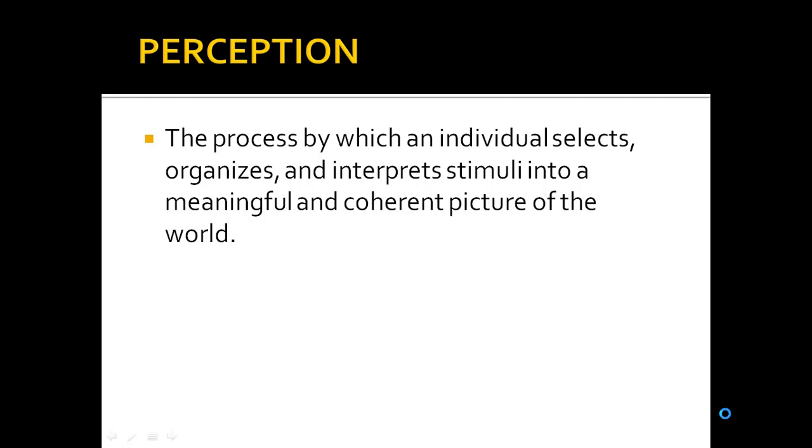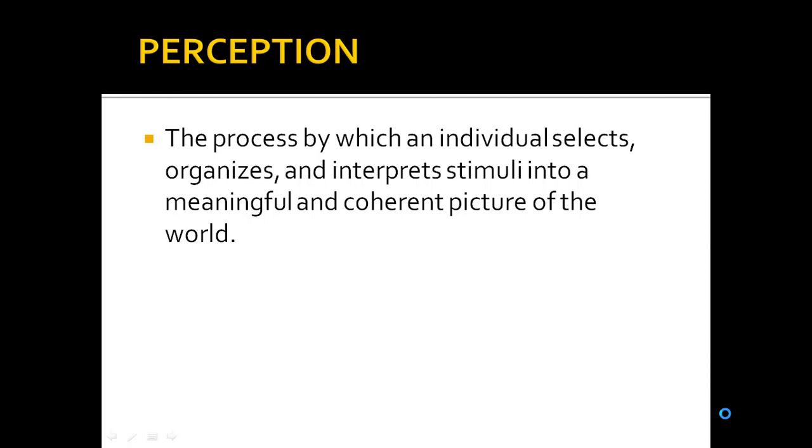It is based on the person's own needs, values, and expectations. So no two persons perceive the same event in the same way. The perception is going to be different, and it depends upon their needs, values, and expectations. They may have very different social learning. That's why they're interpreting it differently.